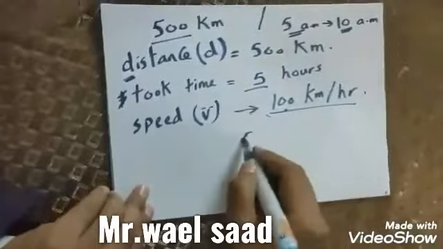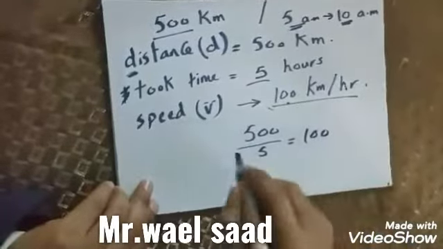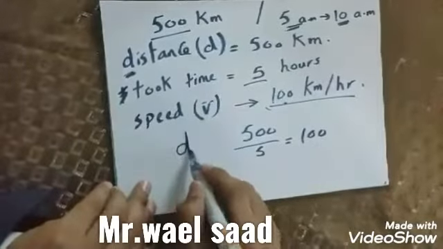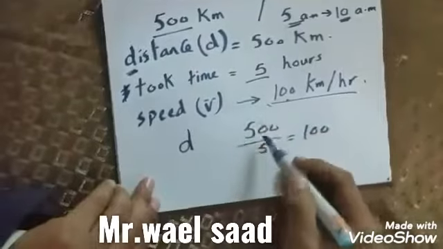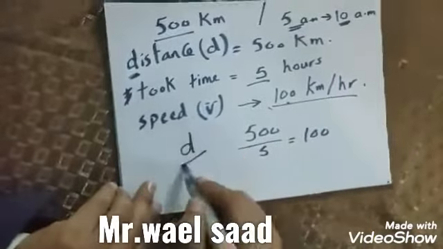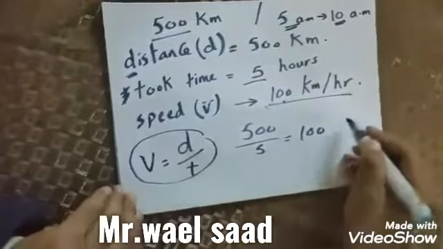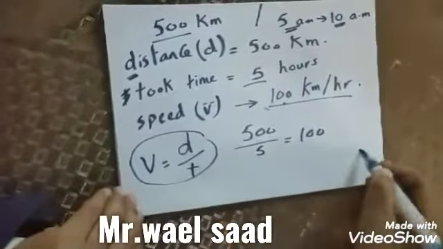Yes, right. 500 divided by 5 to get 100. What's 500 here? 500 here is distance. What's 5 here? Yes, it's time. And what's 100? It is speed. So speed equals distance over time.